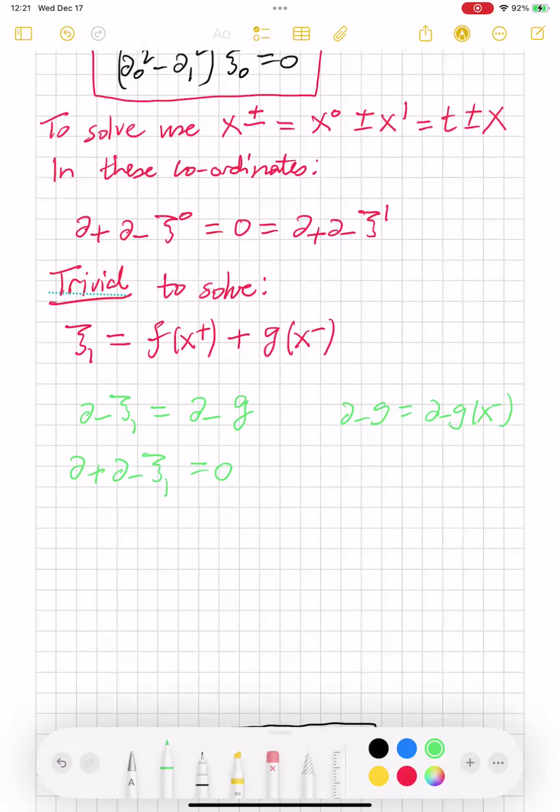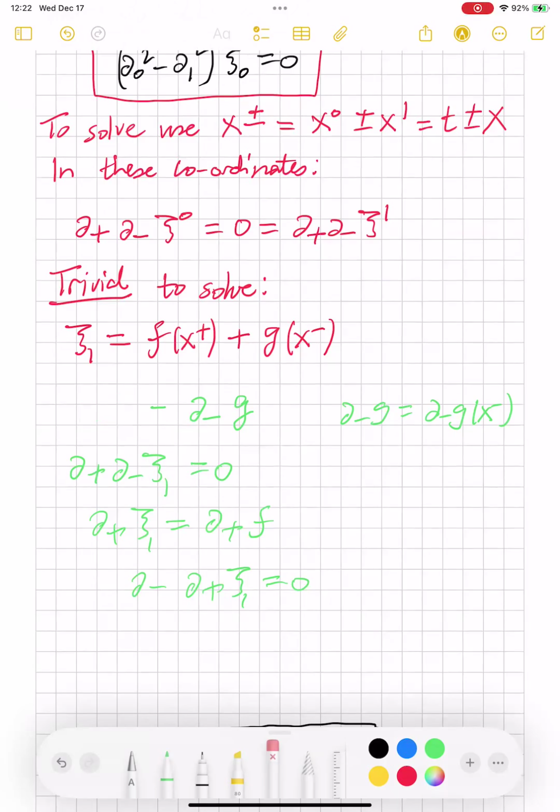If you'd chosen to take the plus derivative first of zeta 1, then all that would have survived was d plus acting on f, and then you would have found that d minus d plus on zeta 1 was 0. So this is why changing to these light cone coordinates is so nice. It's really trivial to solve the massless wave equation.